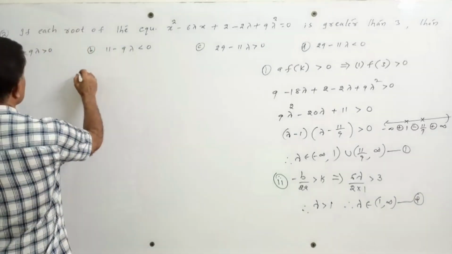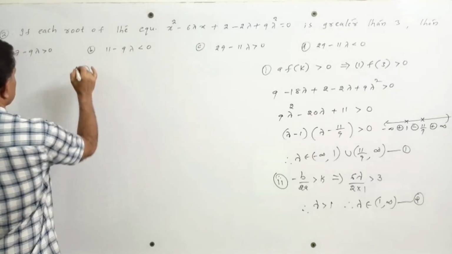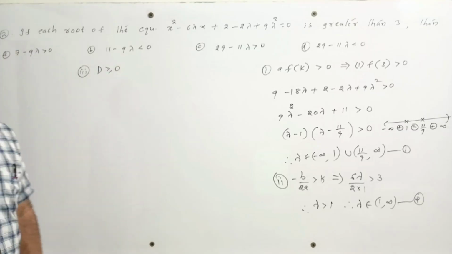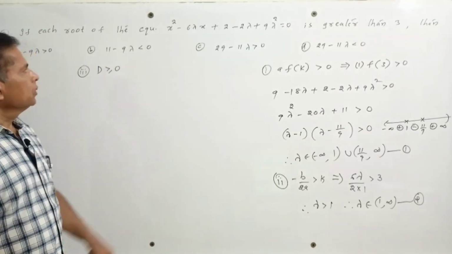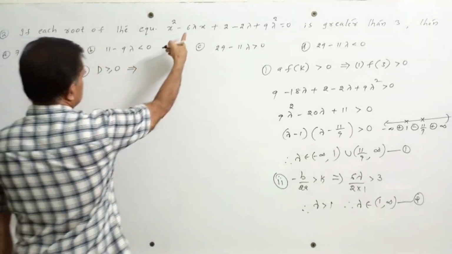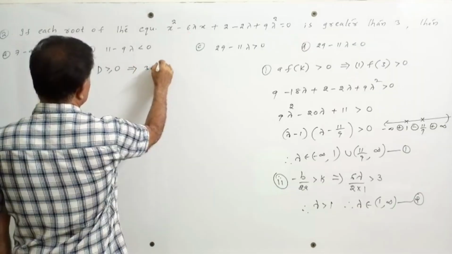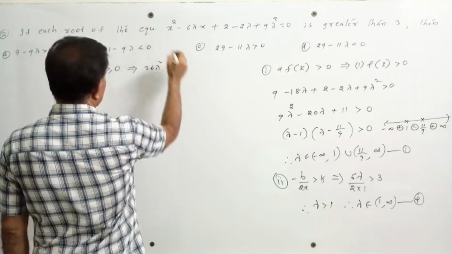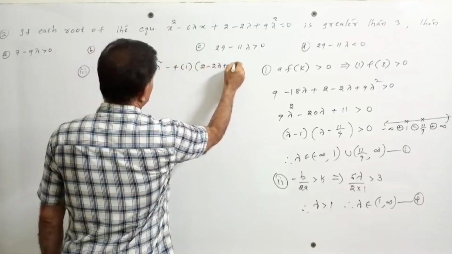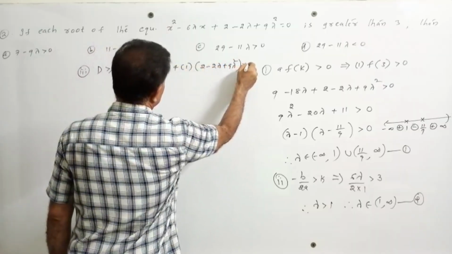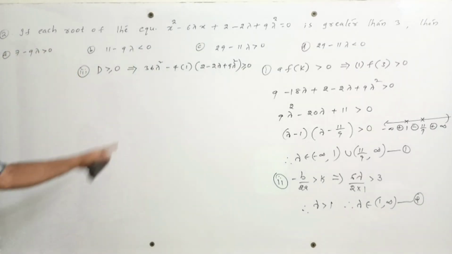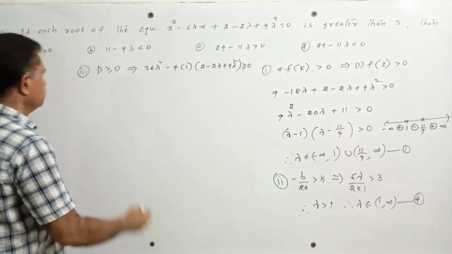Let us go for the third condition. Third condition I told, discriminant must be greater than or equal to 0. So discriminant of this quadratic equation, b square means 36 lambda square minus 4, a means 1, c means 2 minus 2 lambda plus 9 lambda square, that must be greater than or equal to 0. So cancel the common factor throughout the inequality.